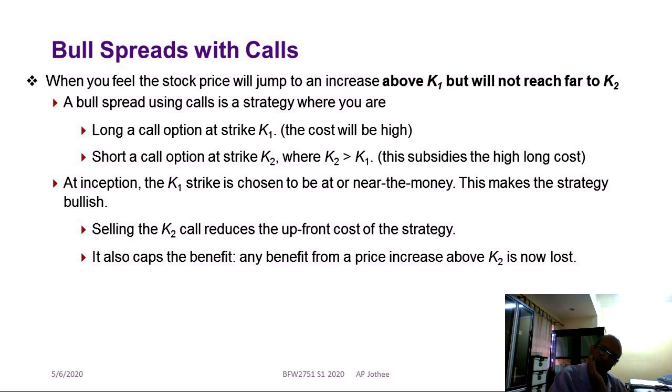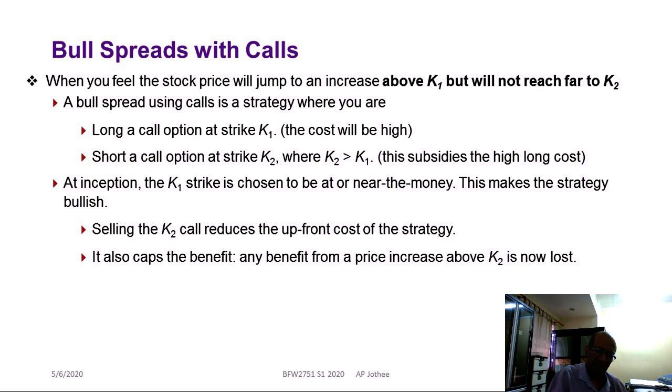Maybe right now the stock price is $20, and the first call which you are buying may be $22, just $2 above it, or even at $20 itself. That's why the premium will be very high. This makes the strategy very bullish because the minute the price moves up a little bit, you're going to exercise.